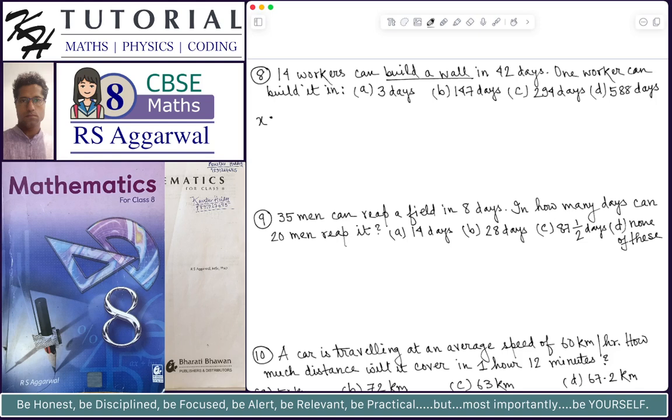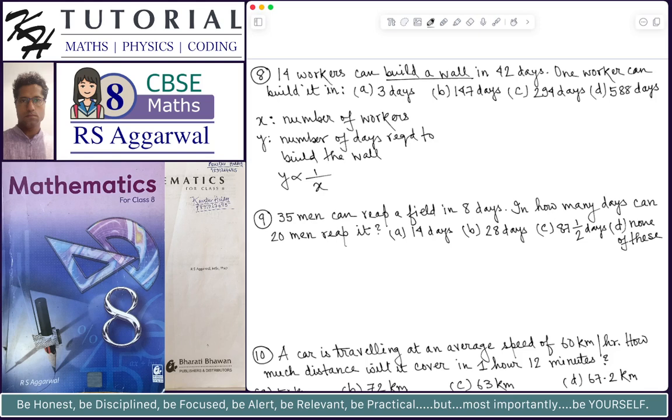So let's say X represents the number of workers and Y is the number of days required to build the wall, then we can say that Y should be inversely proportional to X, because if the number of workers is more, then a smaller number of days will be required to build the same wall.